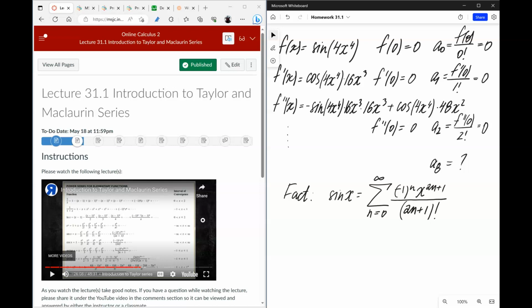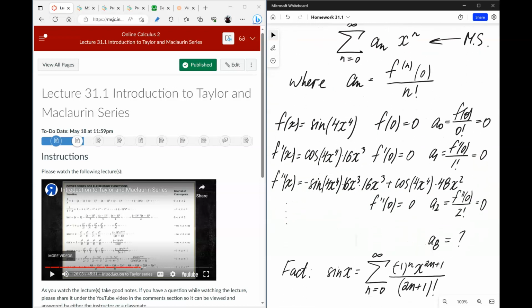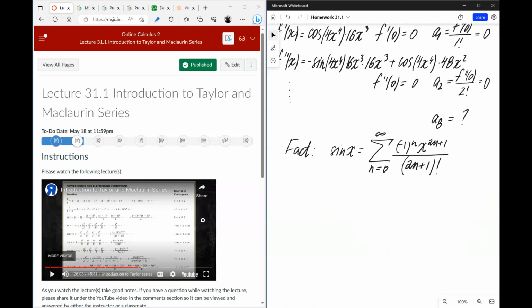Now, if we're looking for the Maclaurin series for sine of 4x to the 4, we just need to replace x with 4x to the power 4.